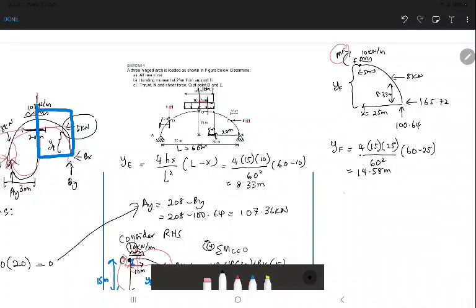meter, and then you find the moment at MF.